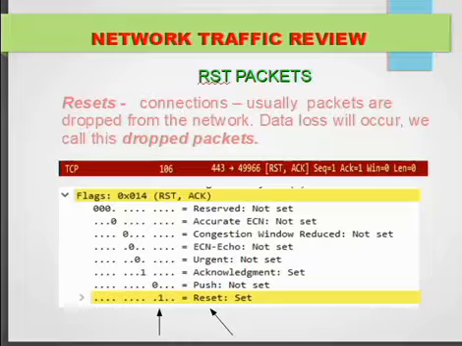You want to get to the root cause of those bad packets being dropped. It could be coming from anywhere, but this is where you begin the real bona fide troubleshooting in regard to reviewing what's happening with the network traffic.